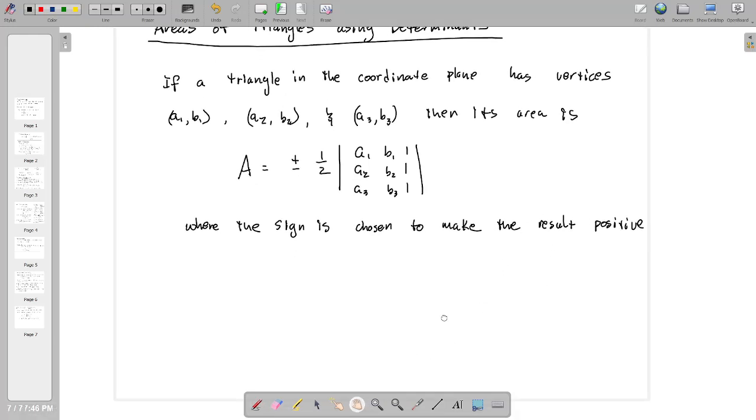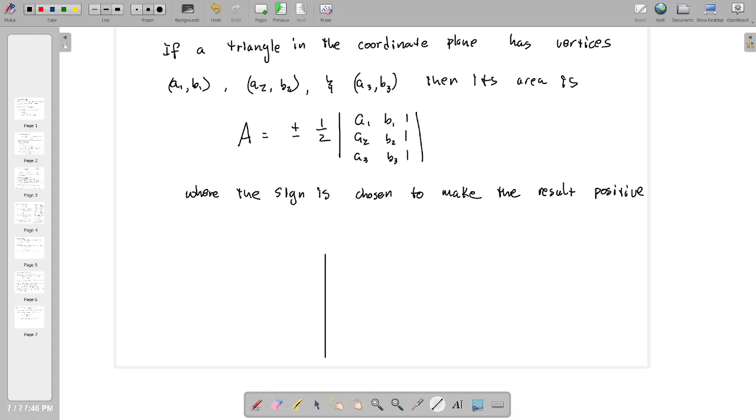So here, what we're saying is if we have a triangle in 2 dimensions, so we have 3 vertices, and our triangle looks like this, where we have a1, b1, a2, b2, and a3, b3, then we can find the area of this very easily by just finding the determinant of this matrix and dividing by 2.